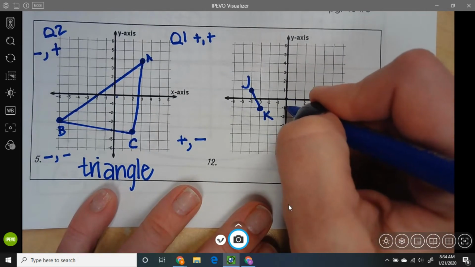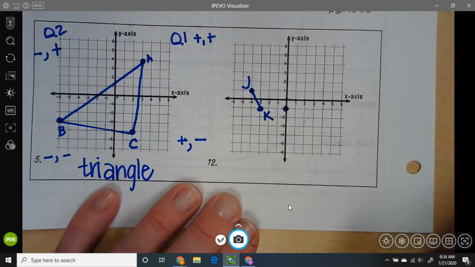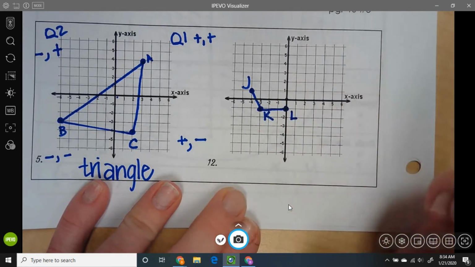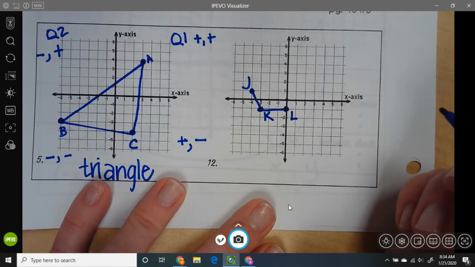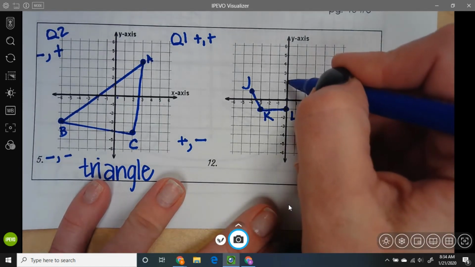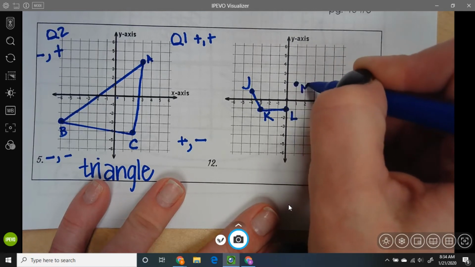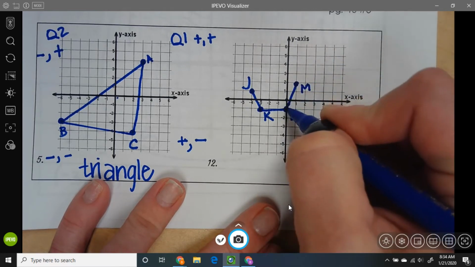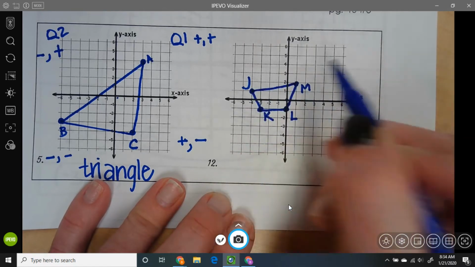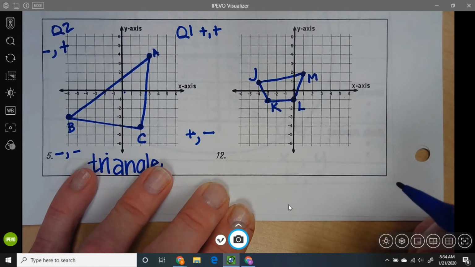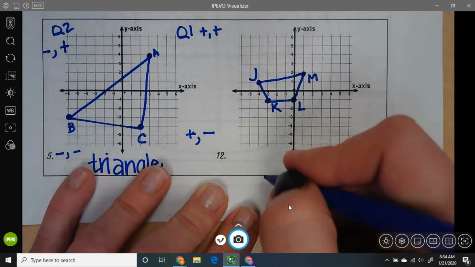And -1. And then M is 2, and then 1. And then you connect the M back to the J, and you could say this is maybe a trapezoid.